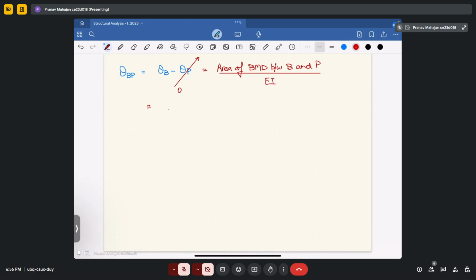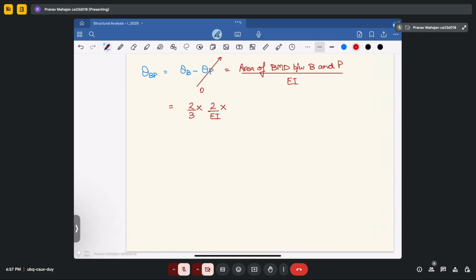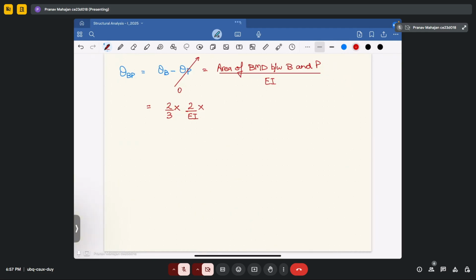Okay, so that will be equal to 2 by 3. What is the value of your maximum? It is 2 upon EI. And what is the value of the length? Total is 2, so only 2 divided by EI.